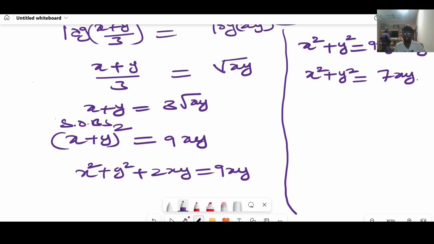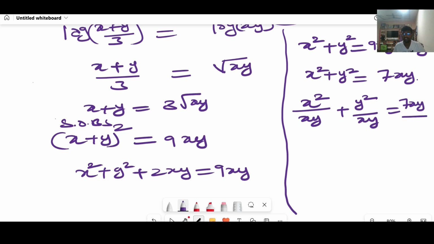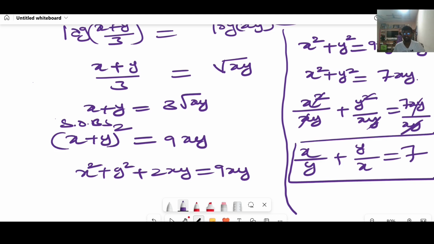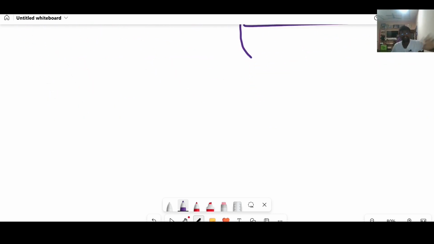Now divide with xy on both sides. x square by xy, y square by xy, 7xy by xy, xy cancel. Here x cancel, y cancel. x by y plus y by x equal to 7. Right? This is the proof. And the next one, seventh one.